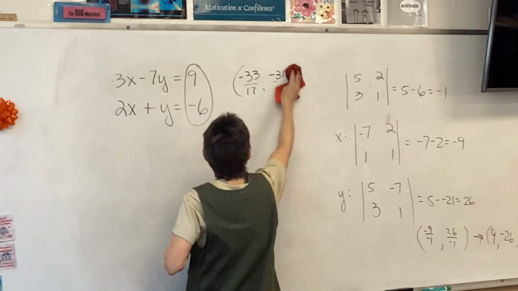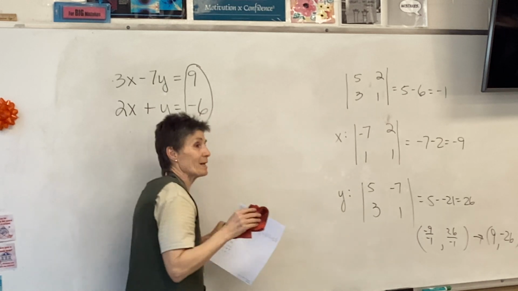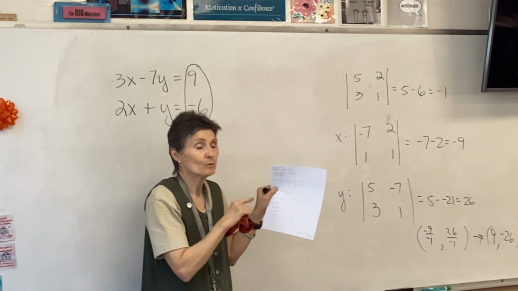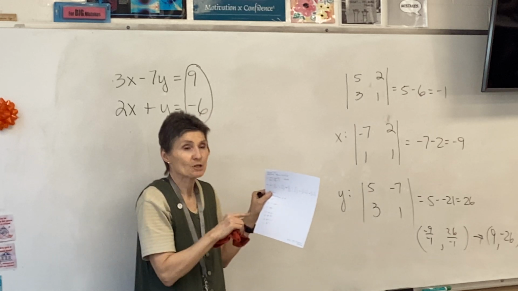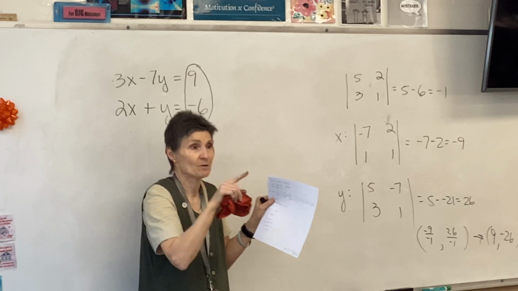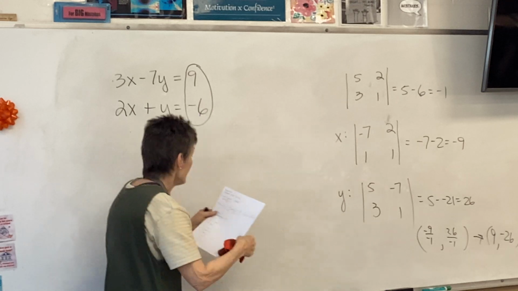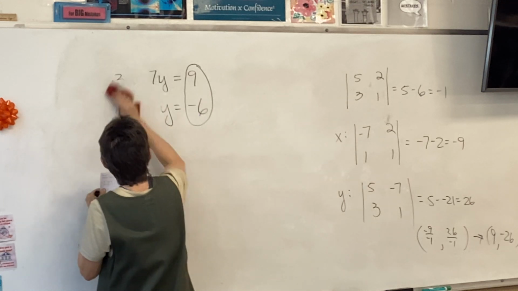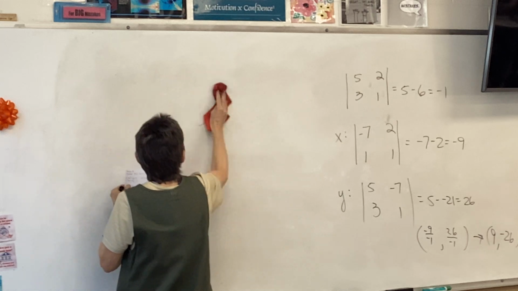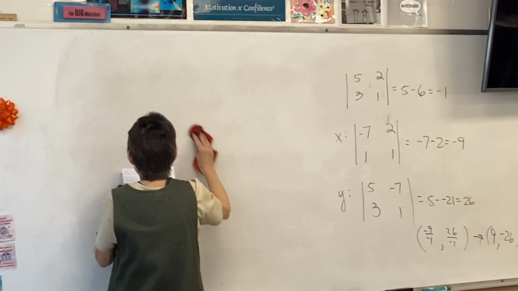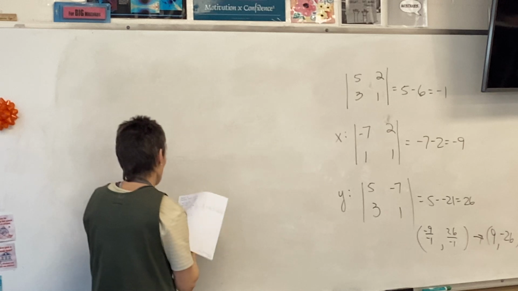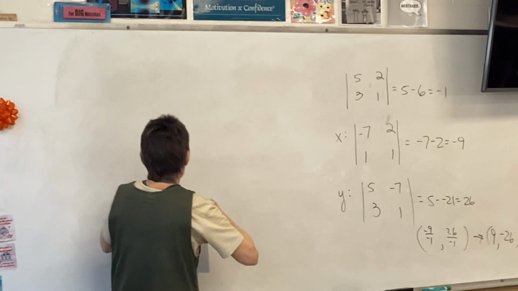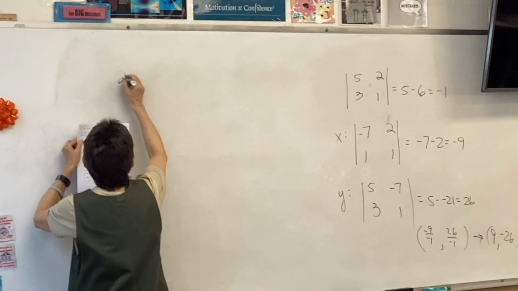You can solve it however you want. You can't do Cramer's rule because you have to have x, x, y, y. You can't have any other random things. So Cramer's rule's out for number 1, but solve. The top, we could multiply the top by 2. All right, that'll work.